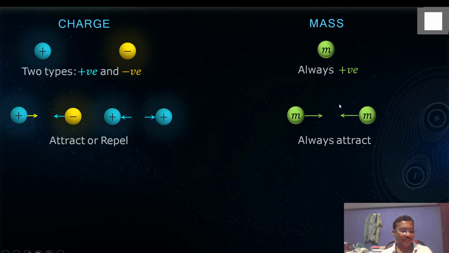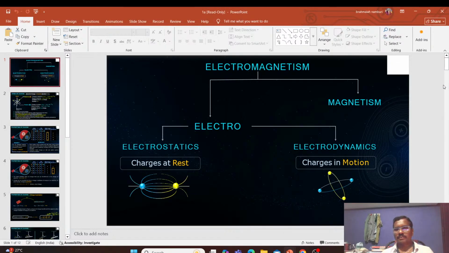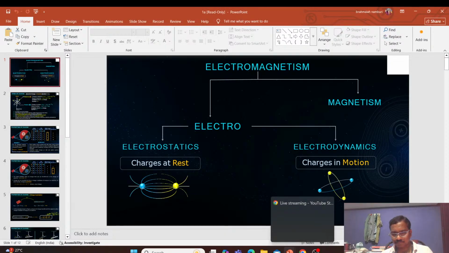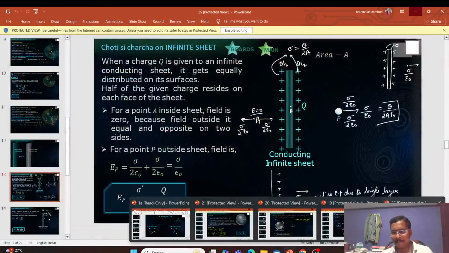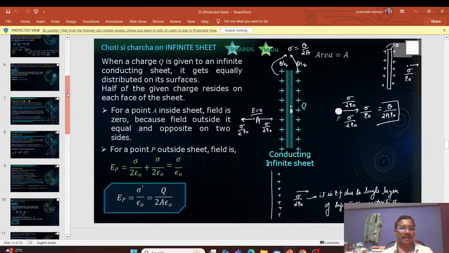Mass is always attractive. It is always positive. That is the important difference for mass. Now let us see the applications of Gauss law.